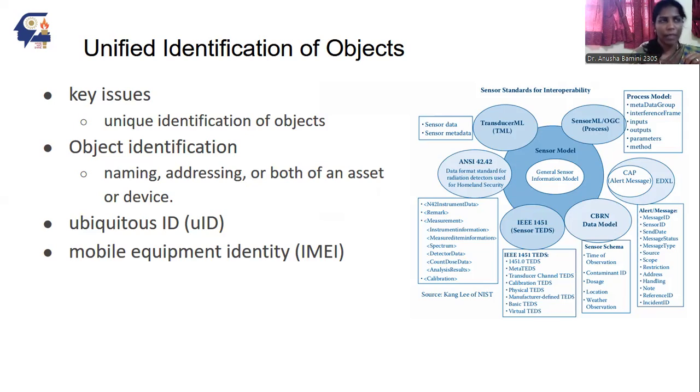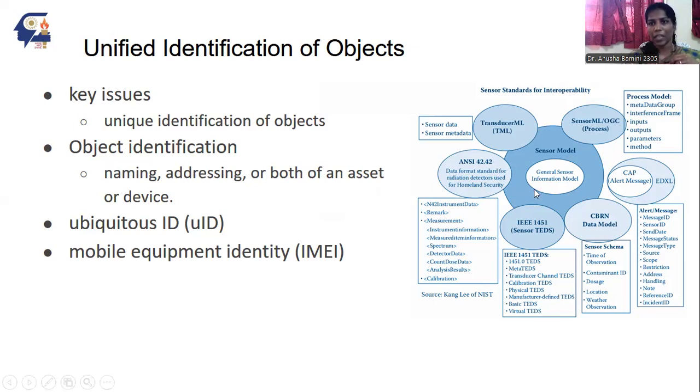We can consider the example of the IMEI number in your mobile phone. Your mobile is exactly identified with the support of your IMEI number. Every device, laptop, mobile, smartwatch, each device has a unique ID. That ID is called a ubiquitous ID.